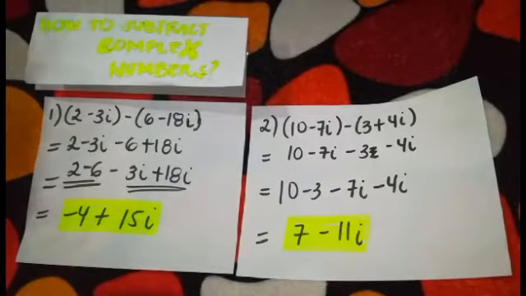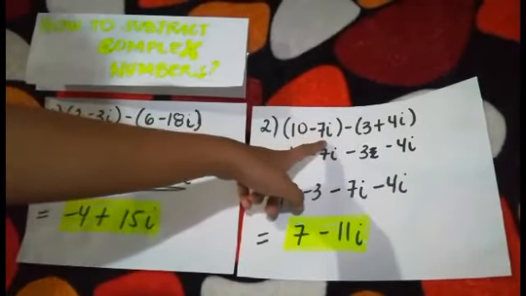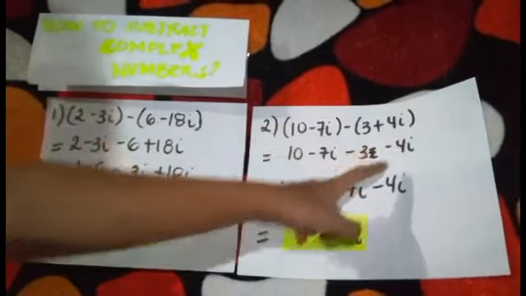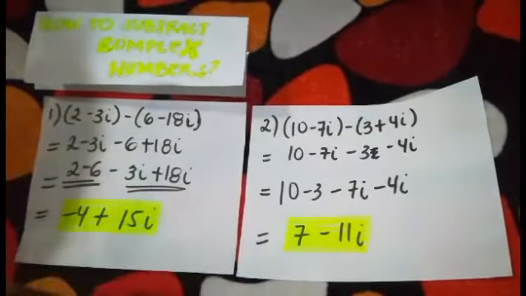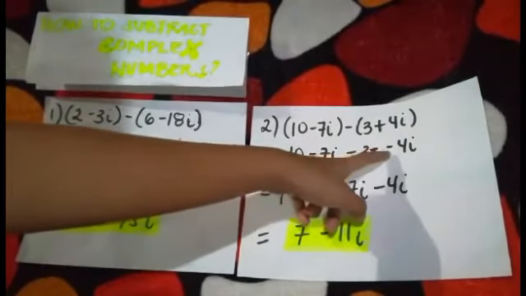The next example is 10 minus 7i minus 3 plus 4i. Then we substitute again this negative to this value. So that's 10 minus 7i minus 3 minus 4i.